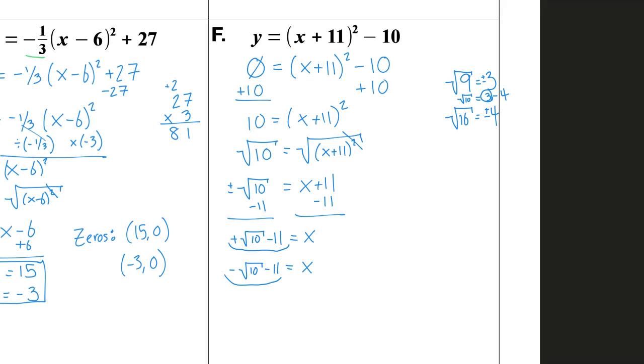If you do that, you'll see that they're roughly around negative 7.84, and roughly around negative 14.16, something like that. And those would be your x-intercepts. Now these would be really hard to put on a graph because this decimal would basically go on forever and we could never get the exact point on there. We could roughly graph it, and that would be exactly what we would do here.